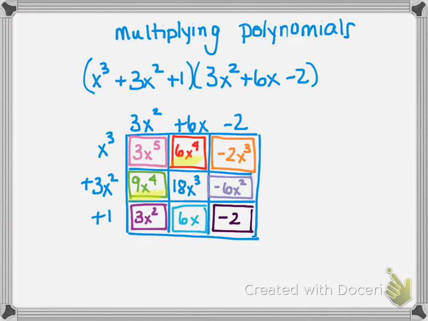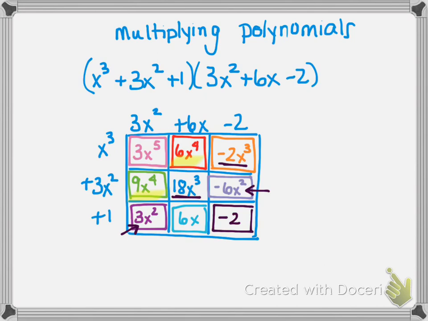I also notice that I have an 18x cubed and a negative 2x cubed. And I notice that I have an x squared in this box and an x squared in this box. And I believe those are my only like terms.